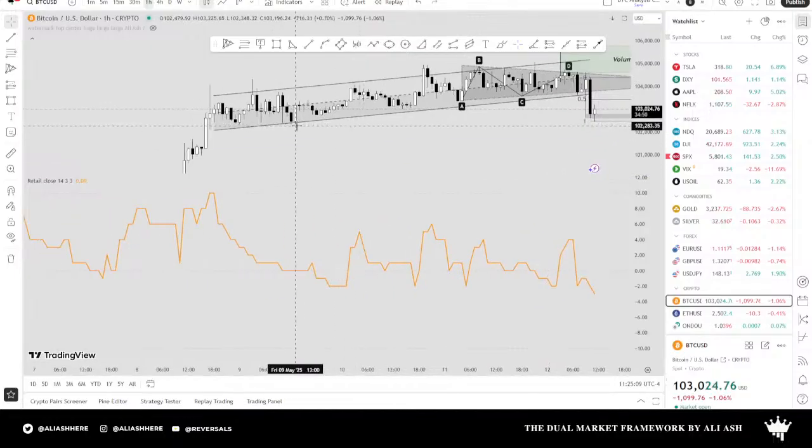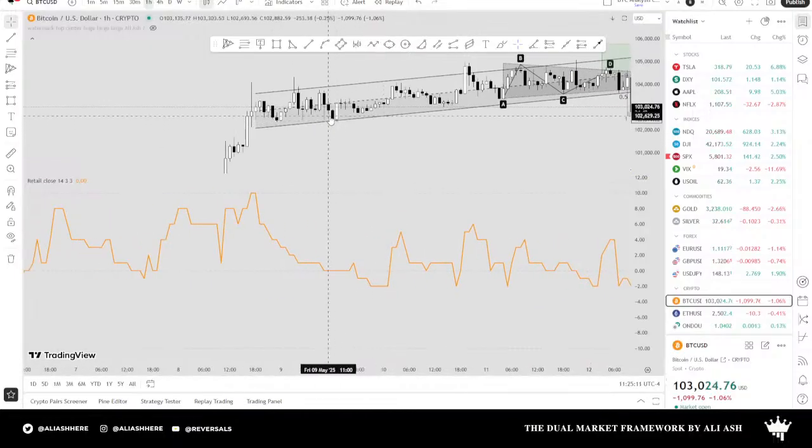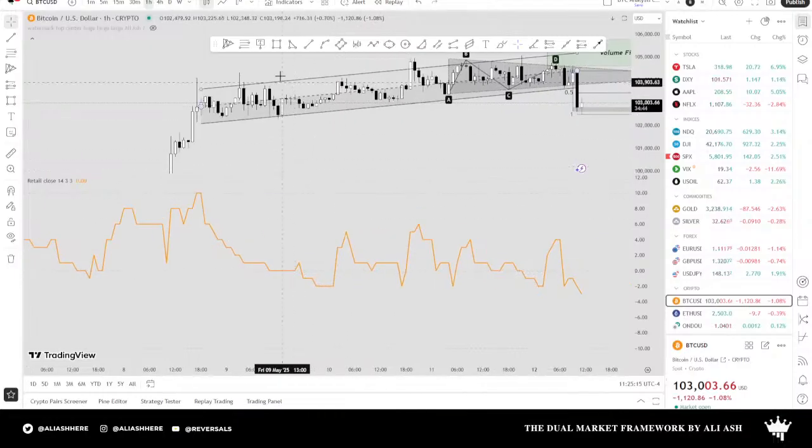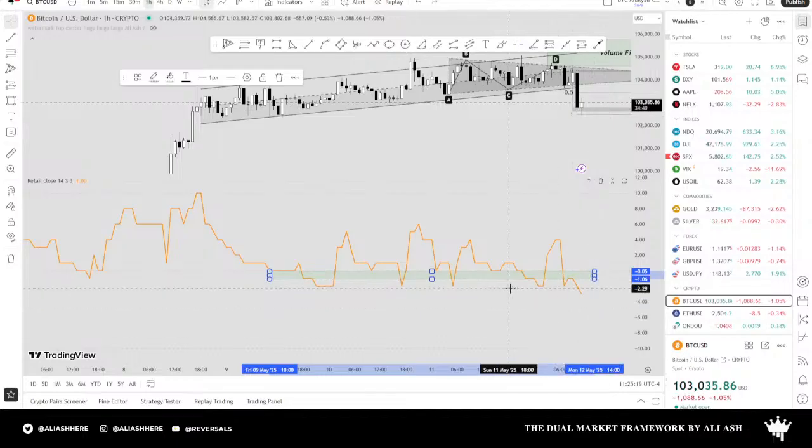Okay, right here we have this wick and a flat bottom of this retail. So we will call this the retail opening position, and market will always retest these positions and create a stop loss. So right here we have the insider liquidity building for retailers.